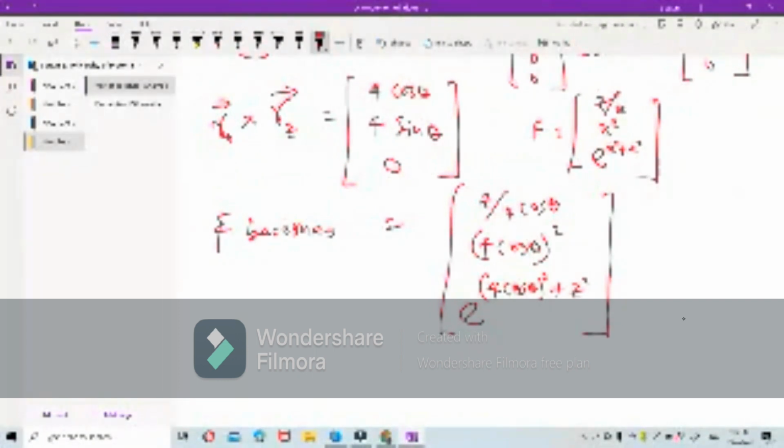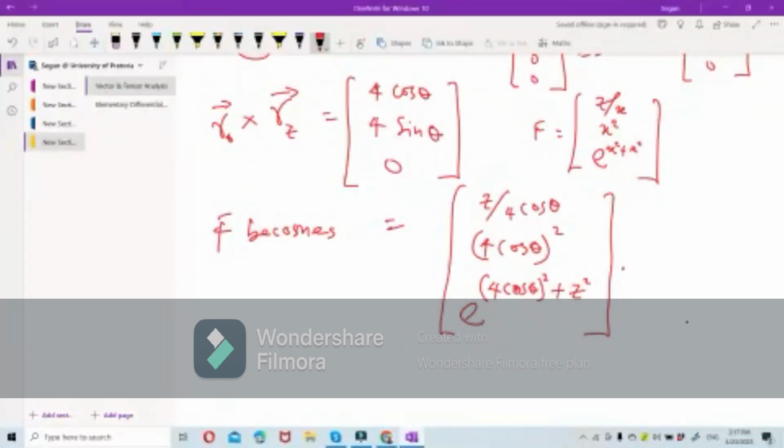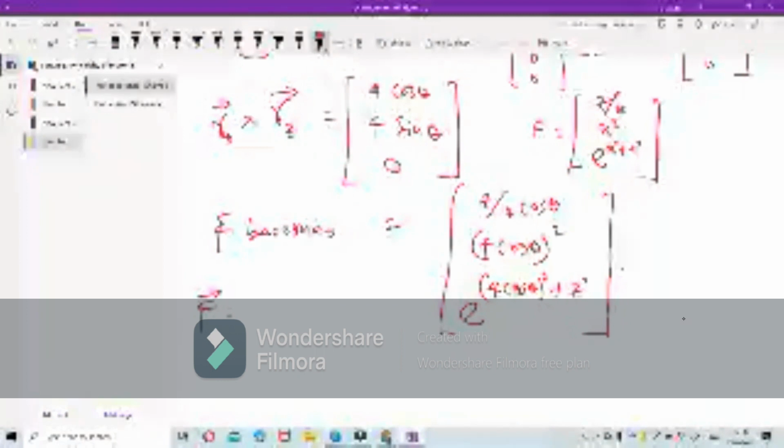That is what we have as our f, because we need to now use dot. Remember, you need f dot from the formula. That's what I'm writing.